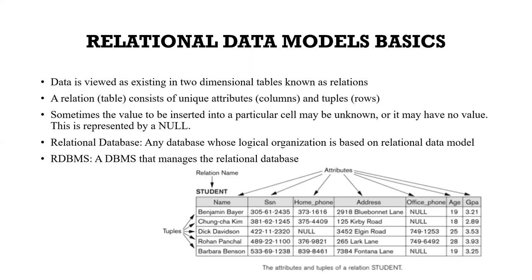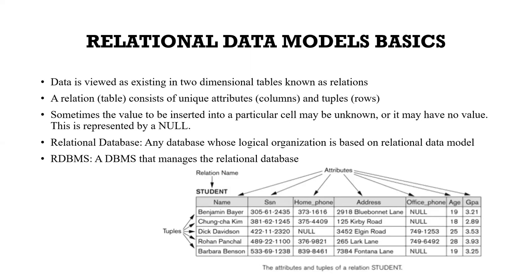Sometimes the value to be inserted in a particular cell may be unknown or may have no value. This is represented by null. In this table, the office phone for Benjamin Bear, Chung Cha Kim and Barbara Benson is not mentioned, so it is represented as a null value.